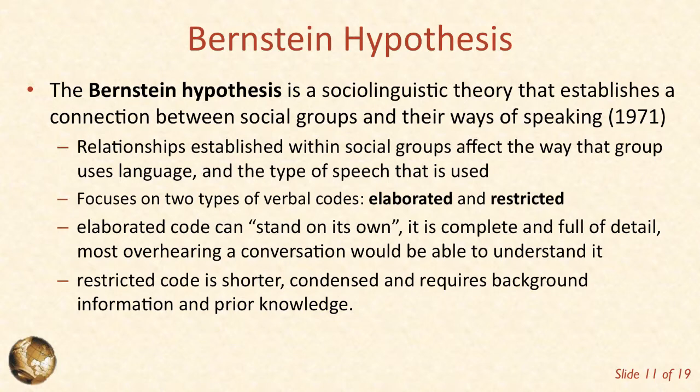And the difference here is basically on how important verbal language is. So in elaborated code, which is typically associated with individualistic cultures, you make rich use of language, and the person overhearing a conversation will have full information that's conveyed.